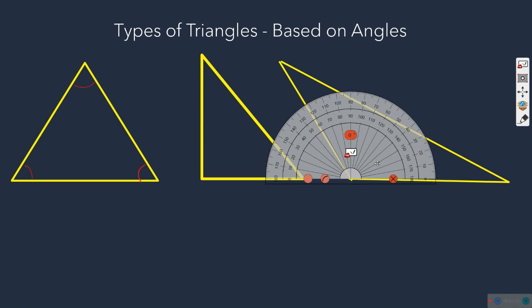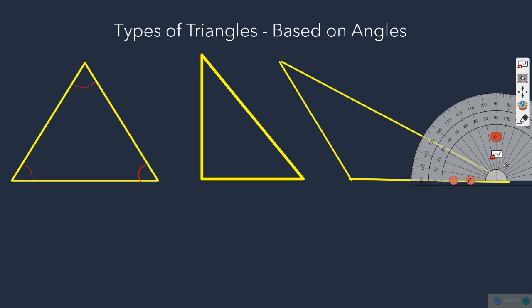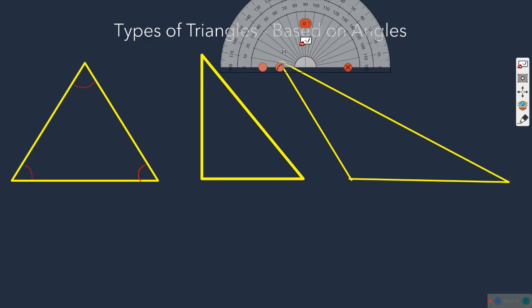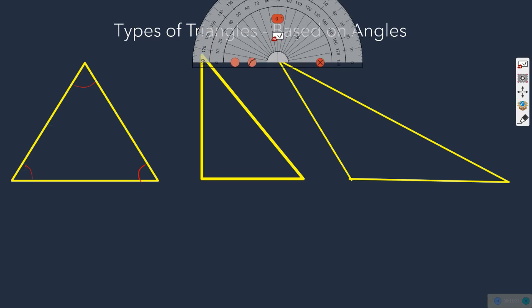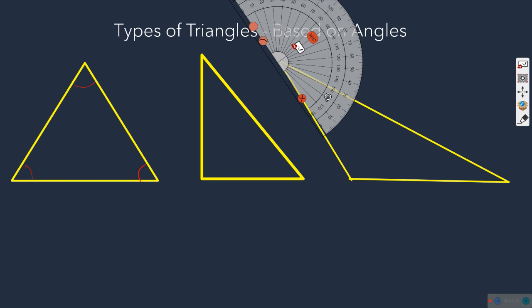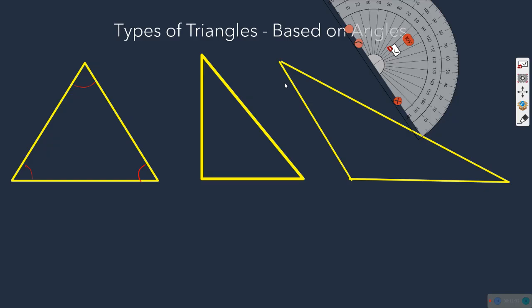This is equal to 120 degree. And this is equal to 30 degree, and this one is again equal to 30 degree.